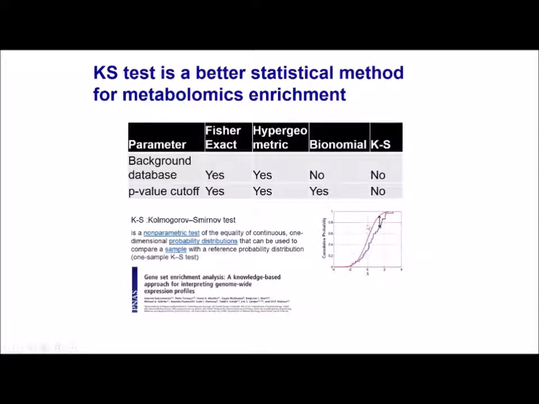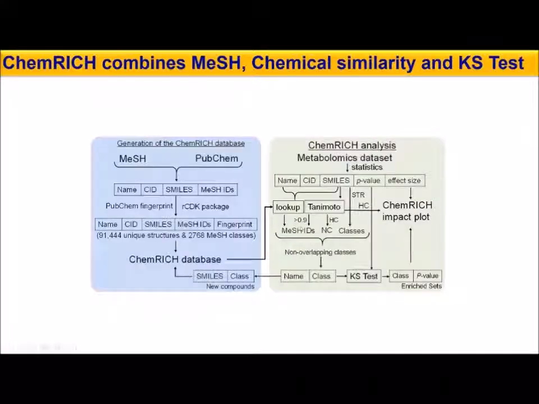The basic idea is to compare the distribution of p-values to find the significance at the set level, instead of counting affected compounds based on a p-value cutoff.